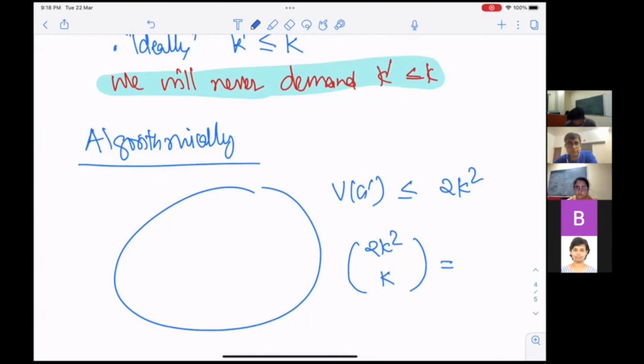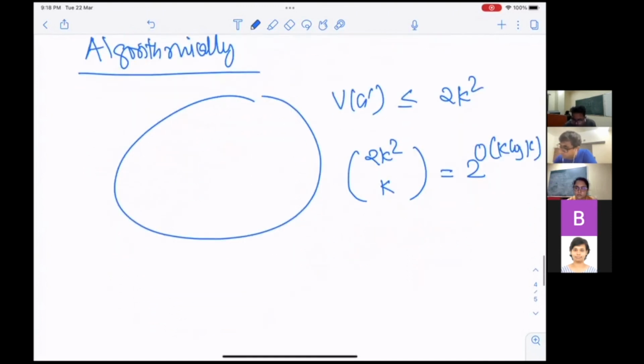K to the power K, yes. So this is going to be 2 to the power big-O of K log K. But now notice, my whole idea was not to reduce the whole size.